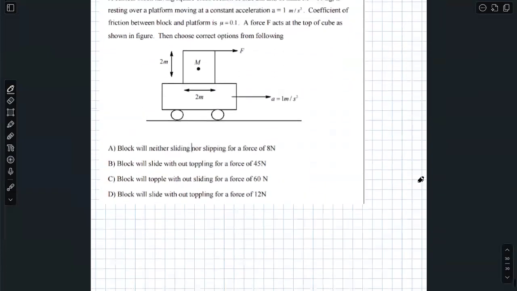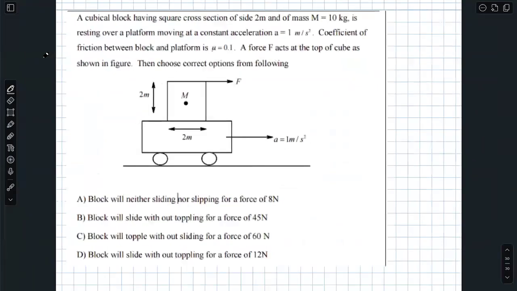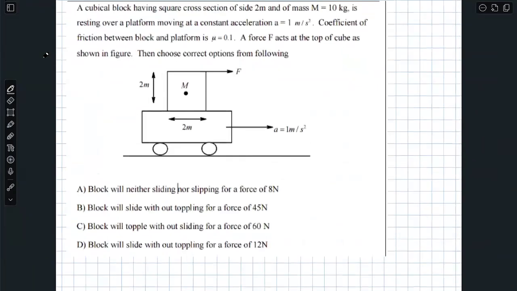Yes. You please work on this now. A cubical block having a square cross section. Go through that.